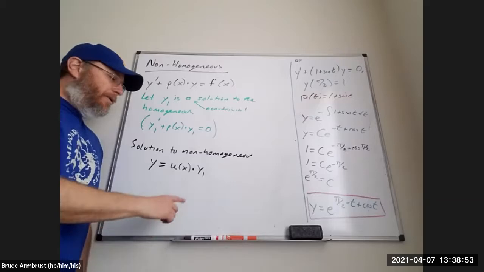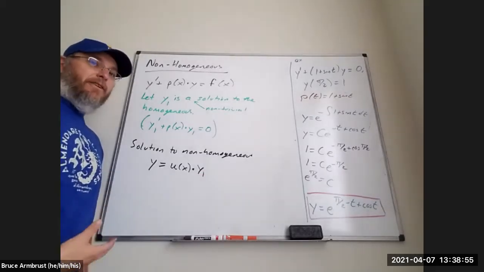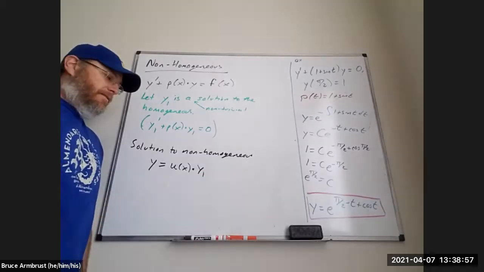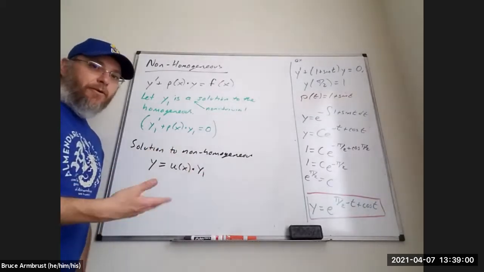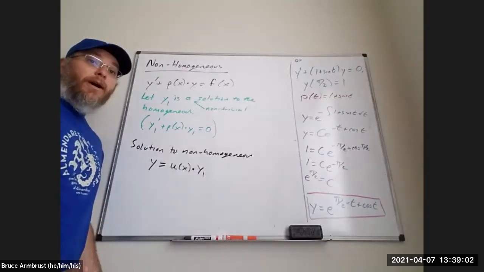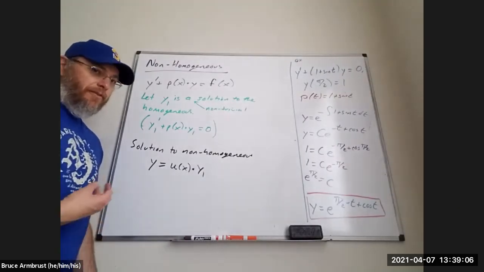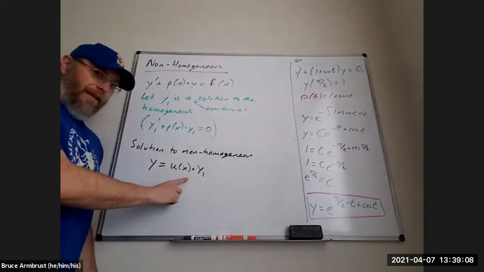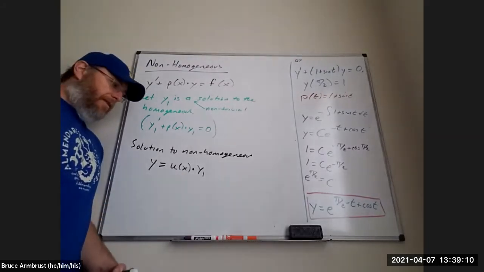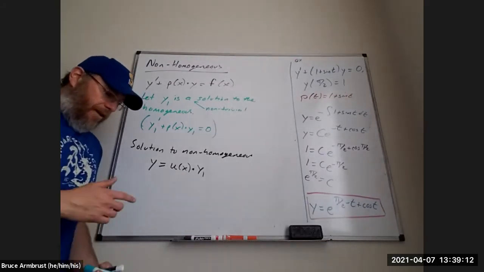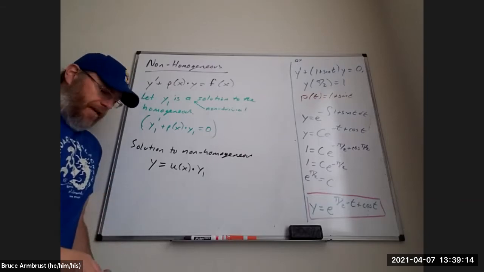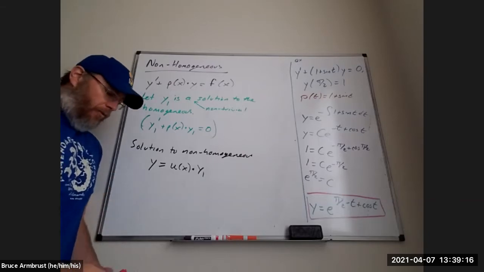Let's say that y1 was e to the x, and I want a solution of x. Well then u would be x over e to the x, or whatever. So I can always turn it into the function I want by multiplying by something. So really what this comes down to is I have to figure out what that something is.